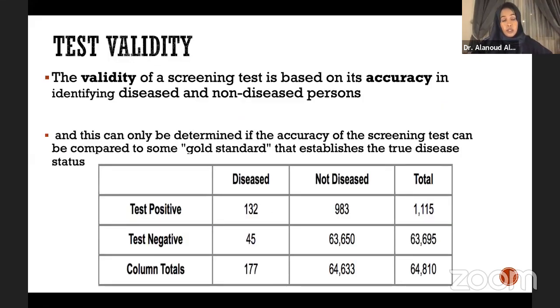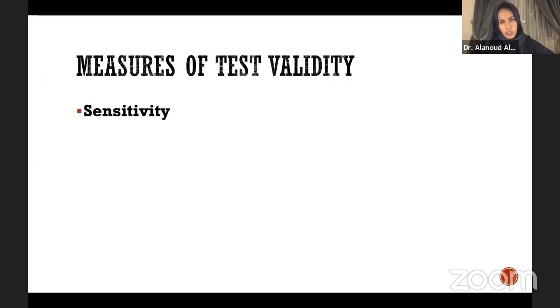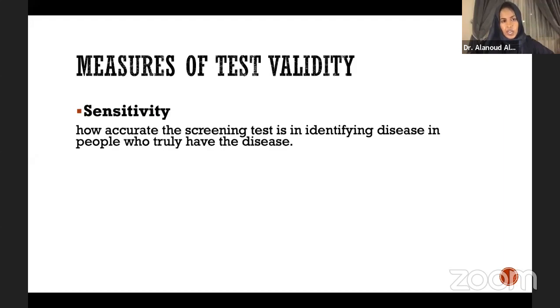Okay, test validity, which is now the most important part of our presentation. Test validity can be measured by certain tests. First of all, sensitivity. So sensitivity means how accurate the screening test or even diagnostic test is in identifying disease in people who truly have the disease.